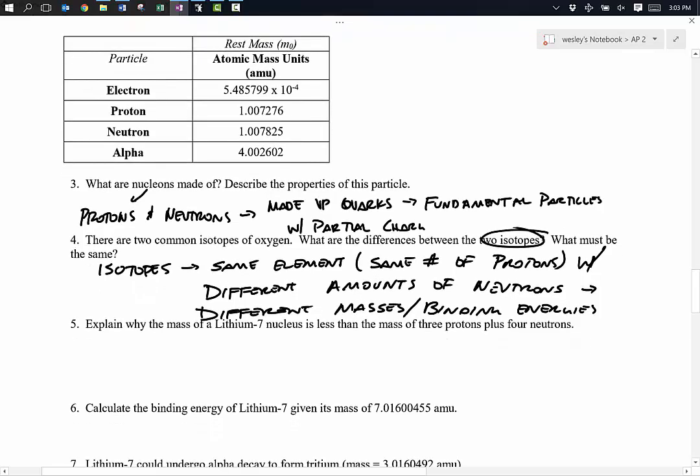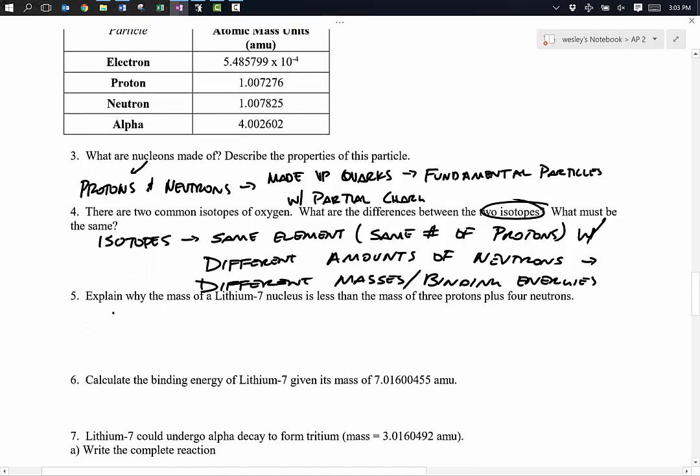Explain why the mass of the lithium-7 nucleus is less than the mass of 3 protons plus 4 neutrons. So lithium-7 is 4 neutrons and 3 protons.